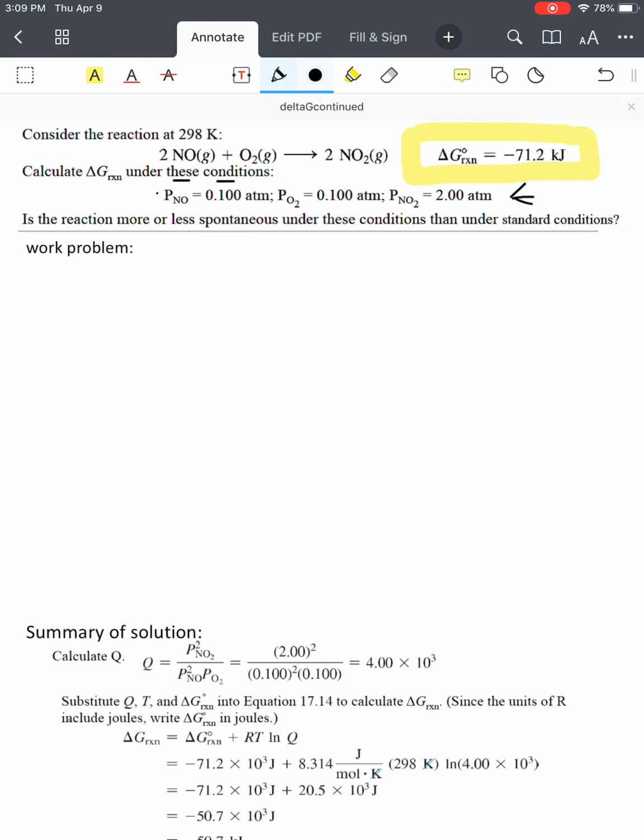They'd all have to be 1, 1, 1 for this to be standard conditions. So what we need to do then is figure out how we can compute our delta G reaction. Makes sense? So to help us do this, we need to remember the equation.